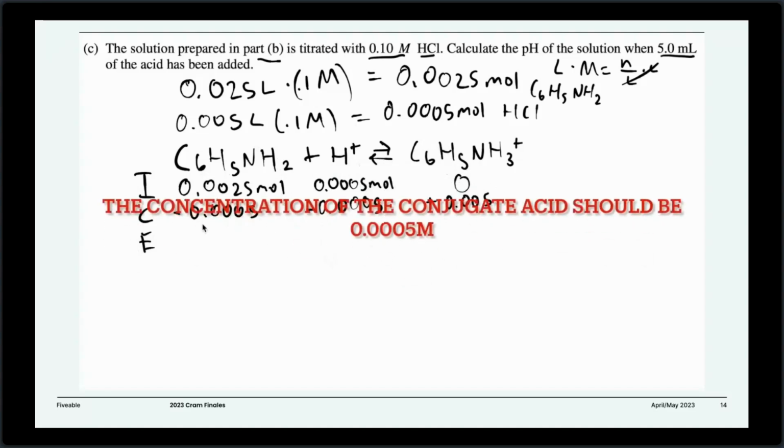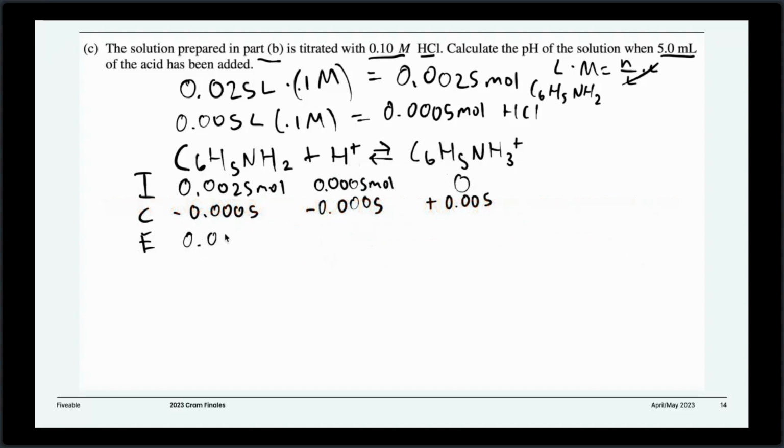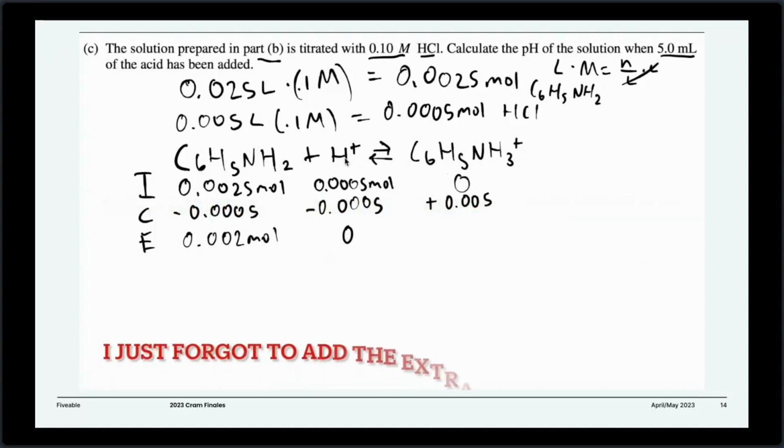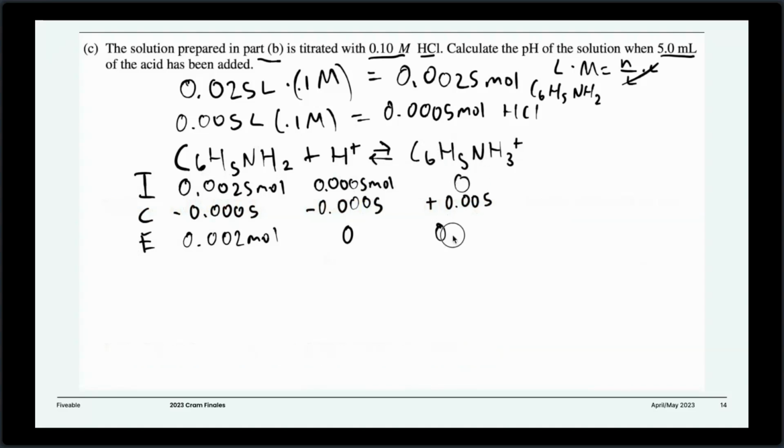So what we end up with is 0.002 moles of aniline over here. For our equilibrium for hydrogen, we always have 0, and for our conjugate acid, we have 0.0005 moles.